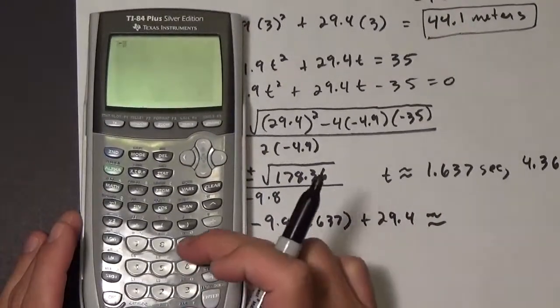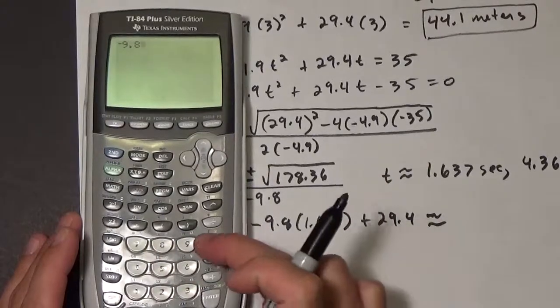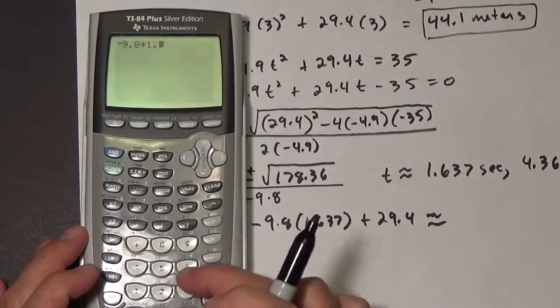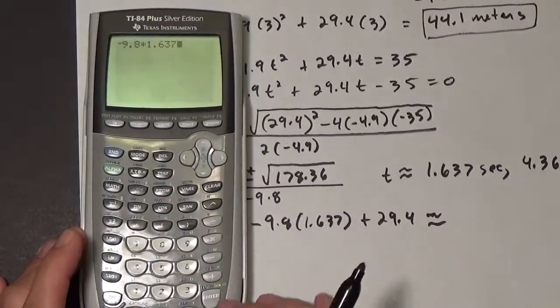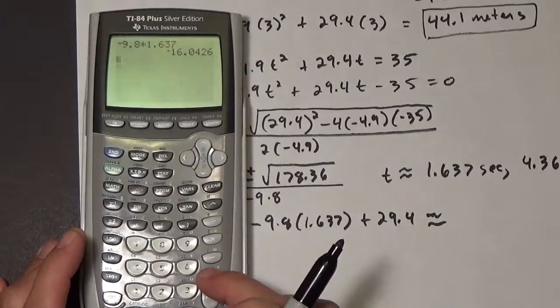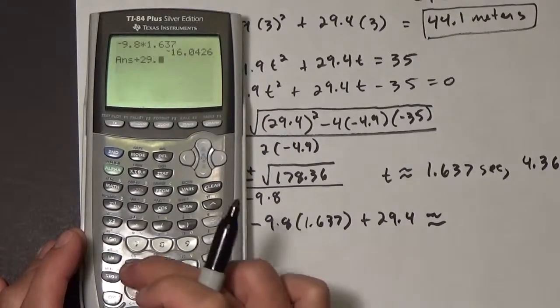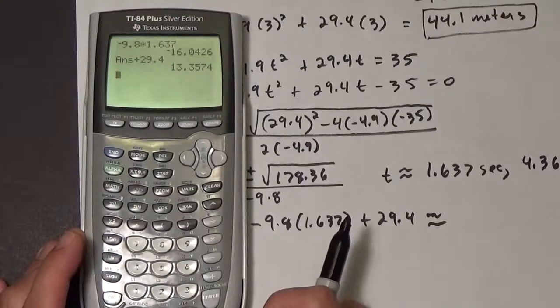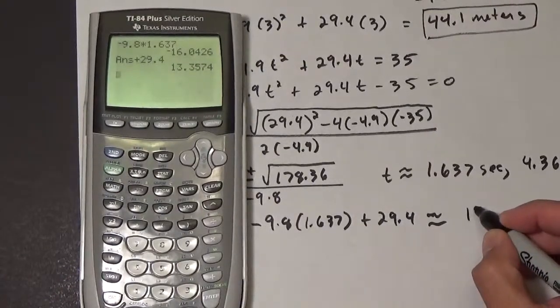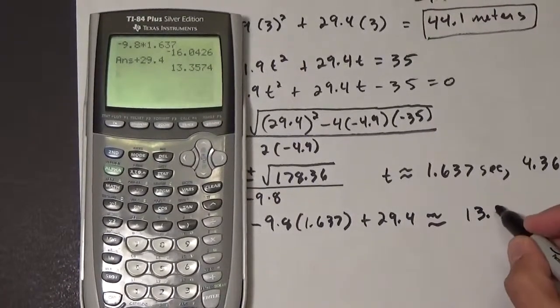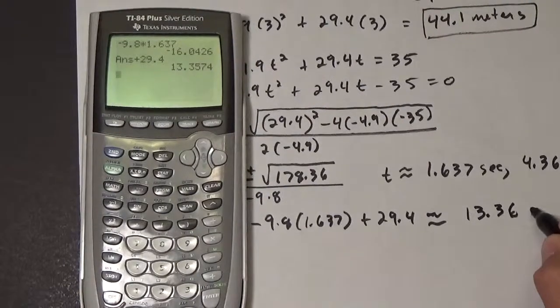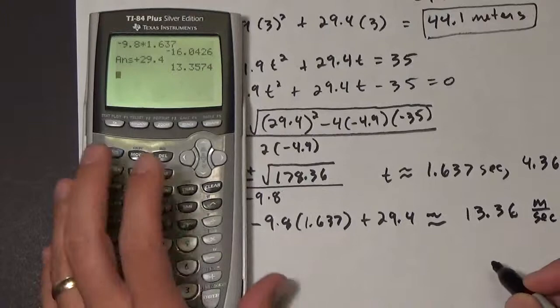Negative 9.8 times 1.637 plus 29.4. And we get 13.36 meters per second.